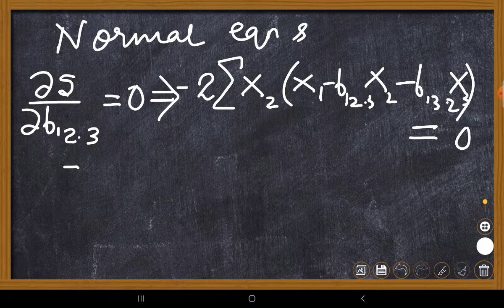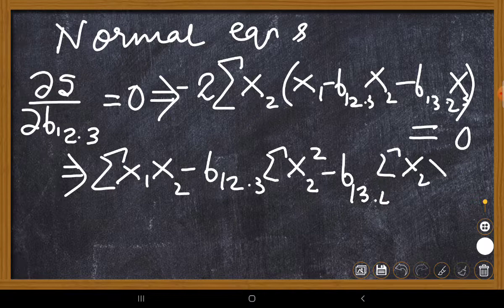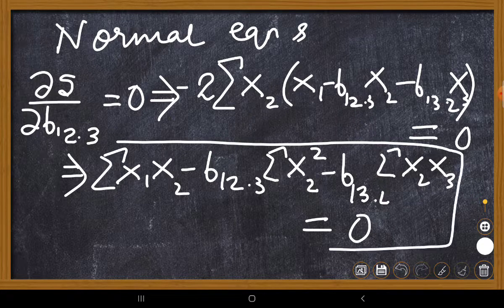If you simplify and distribute the summation inside the bracket, you will have summation x1 x2 minus b12.3 summation x2 square minus b13.2 summation x2 x3, and this is equal to 0. So you have obtained your first normal equation, when you differentiate with respect to b12.3.